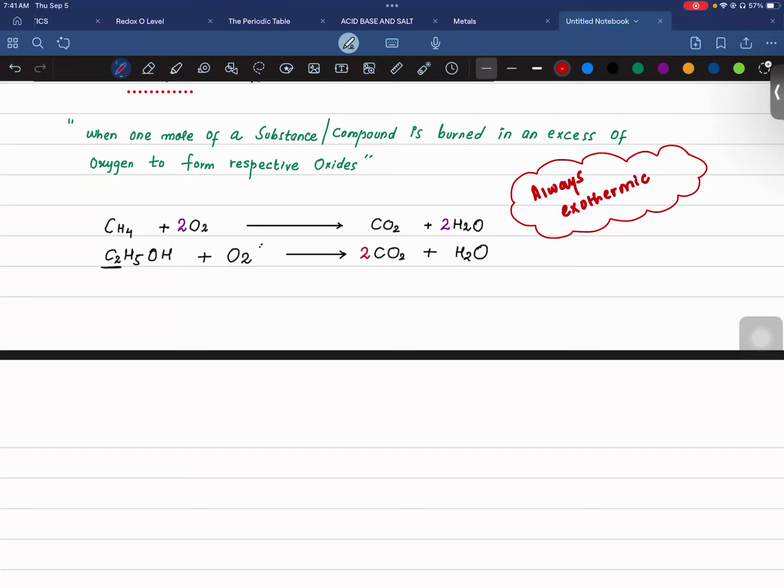Overall, we have 6 hydrogens. It should be 3. Then how many oxygens? This is 2 into 2 is 4. This is 7. I am supposed to write 3O2 if you ask why. So this is 6 and this is 1. So total 7 oxygens. So this is the balanced chemical equation and I can say that this is the enthalpy change.